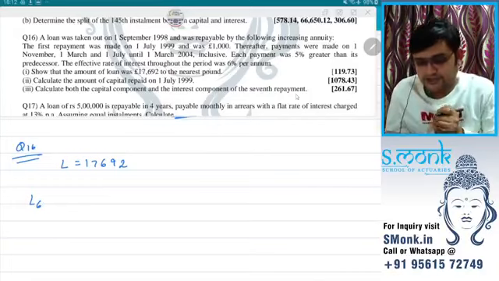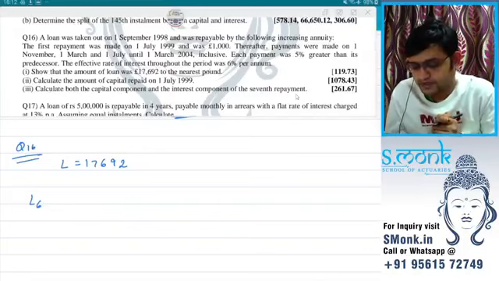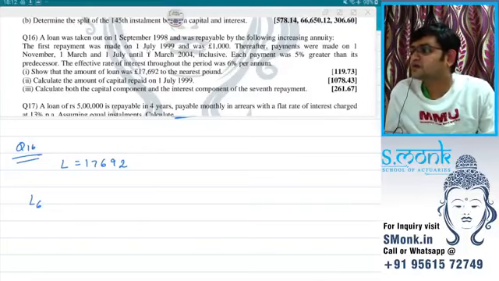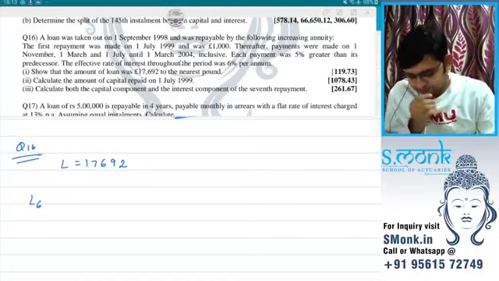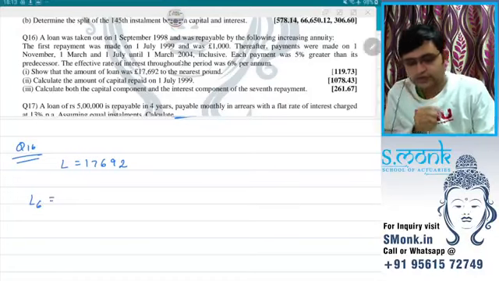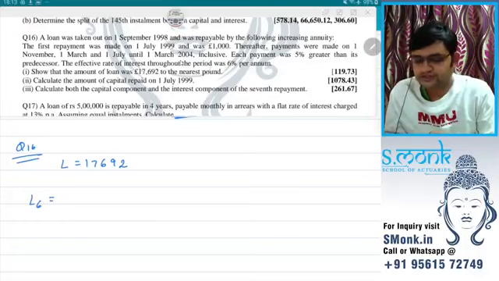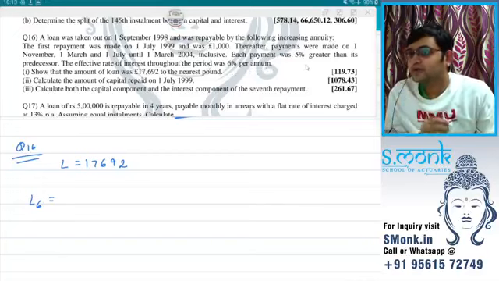The repayments are 3 times a year, right? 1st July, thereafter the payments were made on 1st November, 1st March, 1st July until 1st March. So we're talking about 3 times a year. You can definitely do effective calculations. Actually it would be better if we do effective calculations.